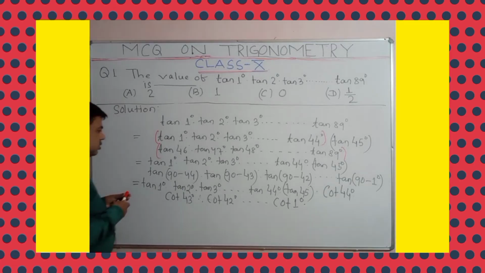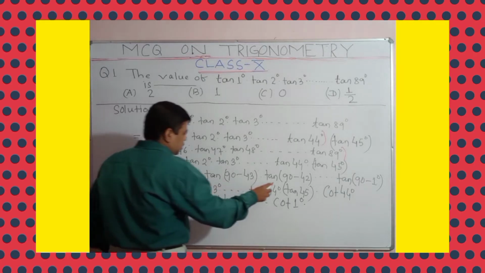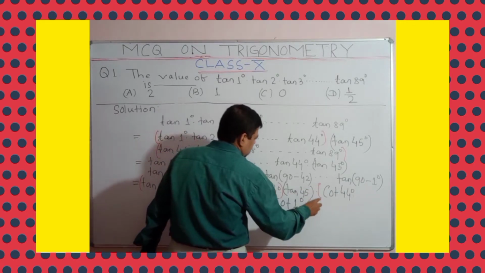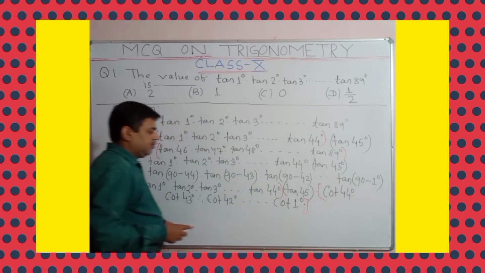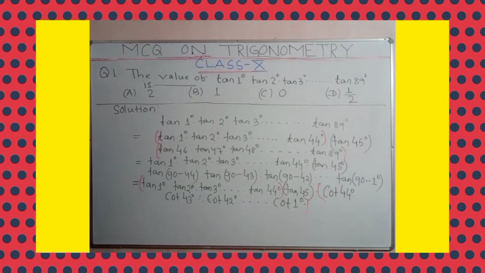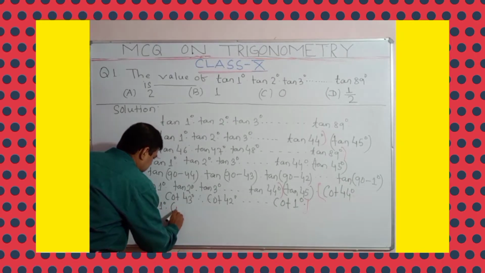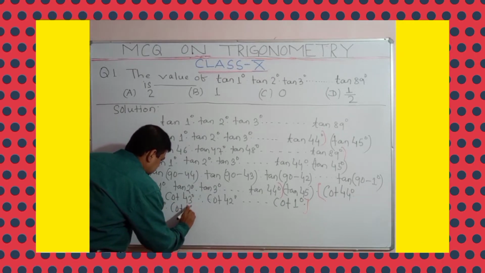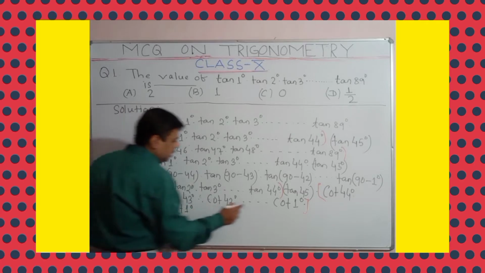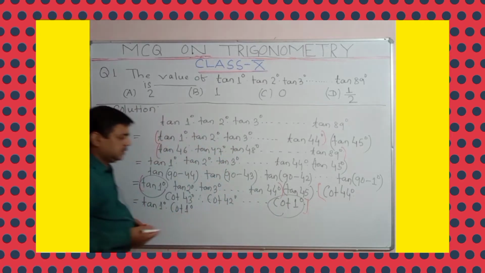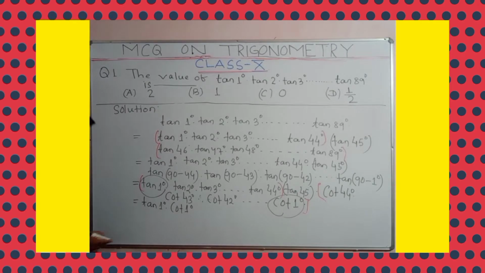And you see this is 44 times and also this is 44 times, the same number of times. Now you rearrange. Tan 1 degree and cot 1 degree, we can rearrange. Understand?